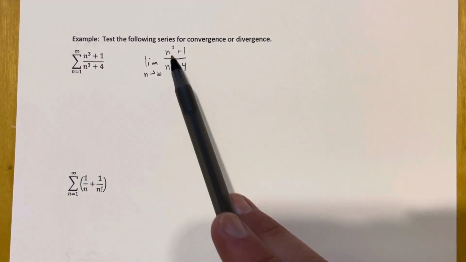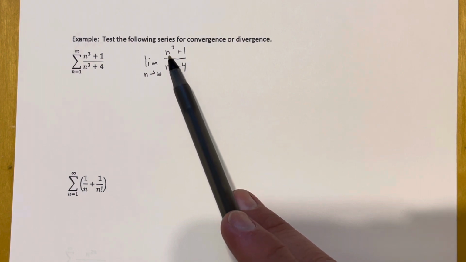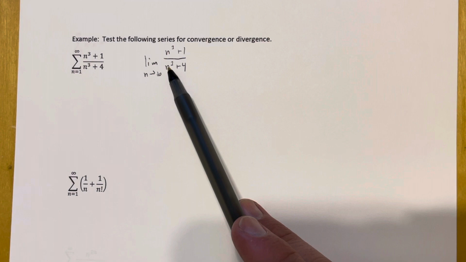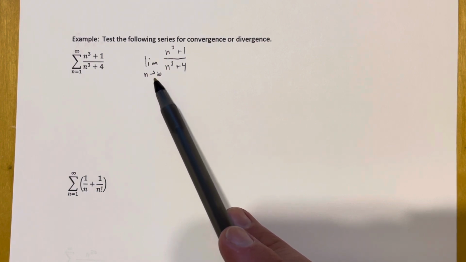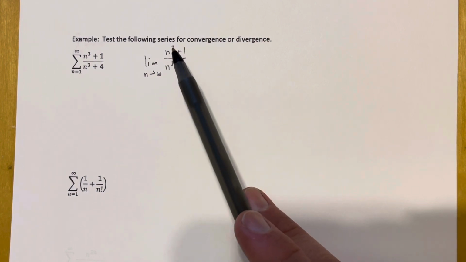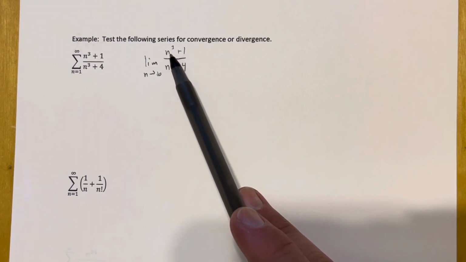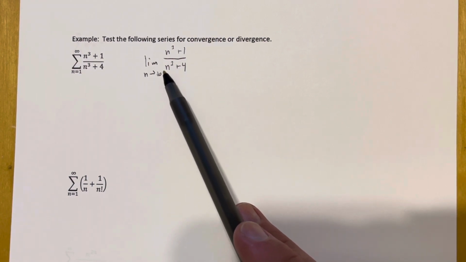When you have polynomials of the same degree in your numerator and denominator, then the limit as n goes to infinity of this expression always goes to the leading coefficient of the numerator over the leading coefficient of the denominator.